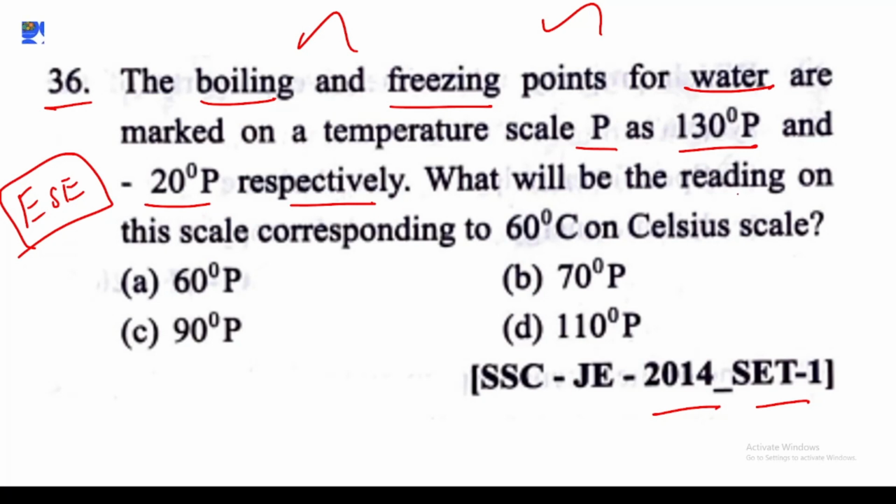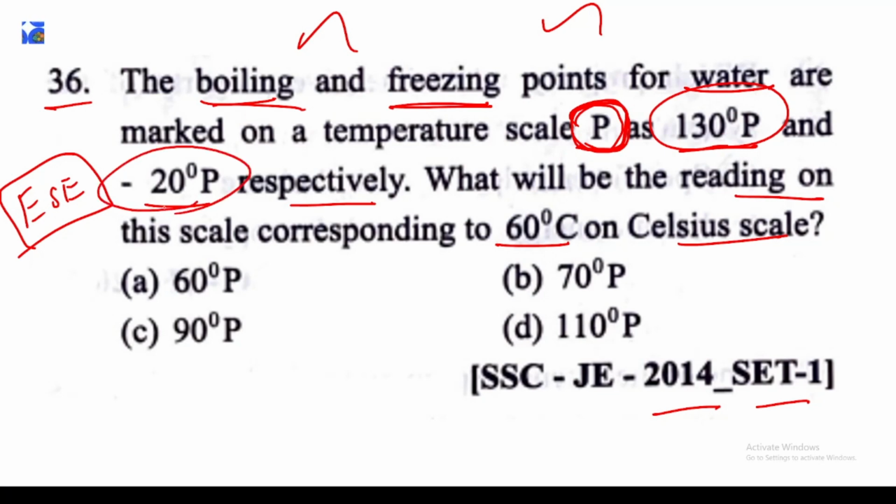What will be the reading on this scale corresponding to 60 degrees Celsius on the Celsius scale? They are following a temperature scale P, like Rankine, Kelvin, Fahrenheit, where the boiling and freezing points for water are 130 degree P and minus 20 degree P.